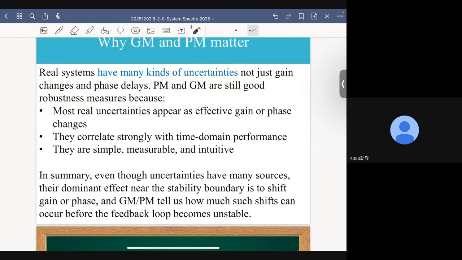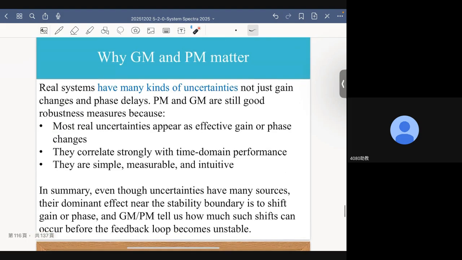When I become very frustrated, I just tell myself that no matter what happened, I can always come back, all right? So robustness is a very important personality trait. Similarly, robustness is also a very important measure for control systems, okay?